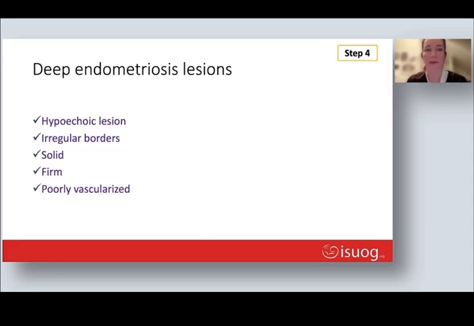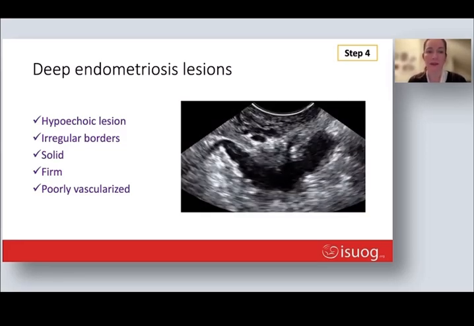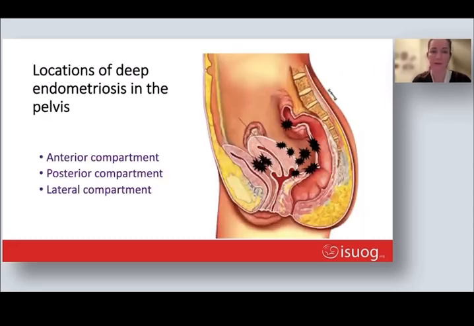And in the fourth step, a deep endometriosis lesion assessment is described. Deep endometriosis lesions look like hypoechoic lesions. They have irregular borders. They're usually solid, firm, and poorly vascularized. Deep endometriosis lesions can be located in the anterior, posterior, and lateral compartment, and the first consensus opinion is covering the anterior and posterior compartment.